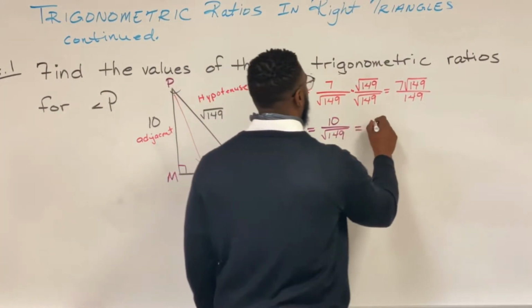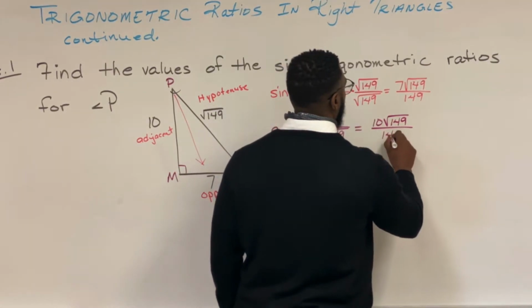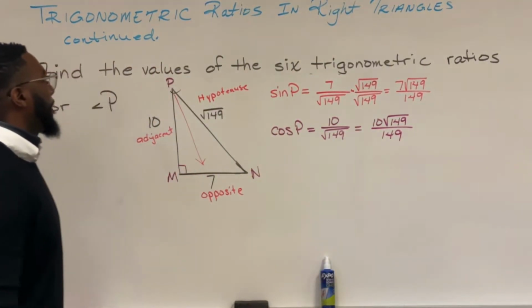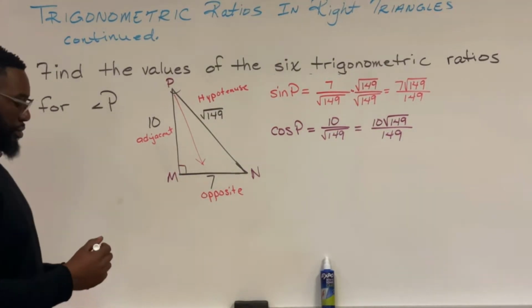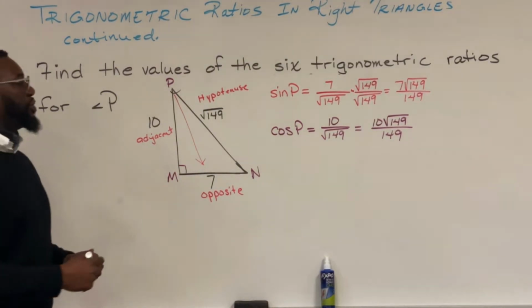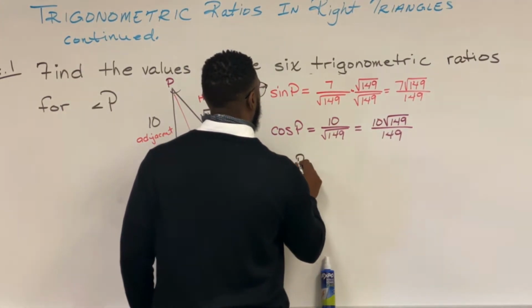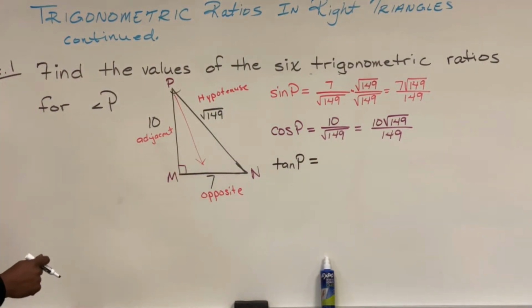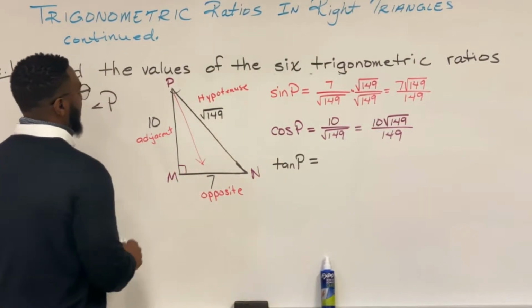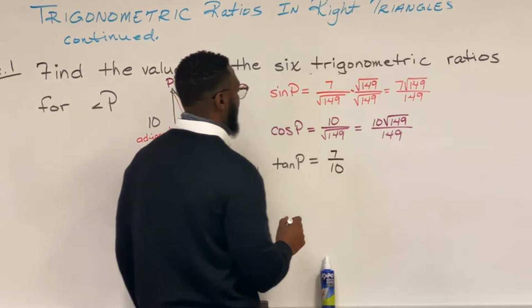We can just say 10 square root of 149 over 149. Next we have tangent. Tan is opposite over adjacent. Opposite is 7, adjacent is 10. 7 over 10.